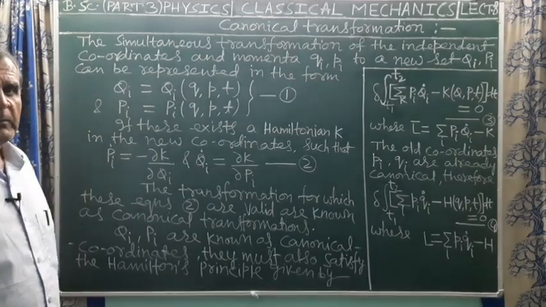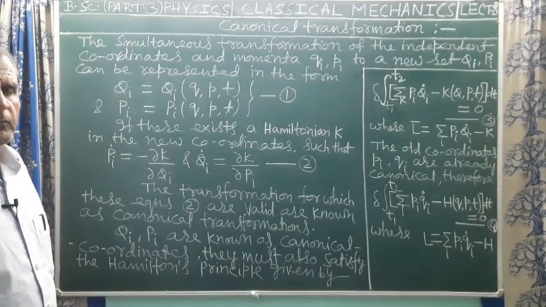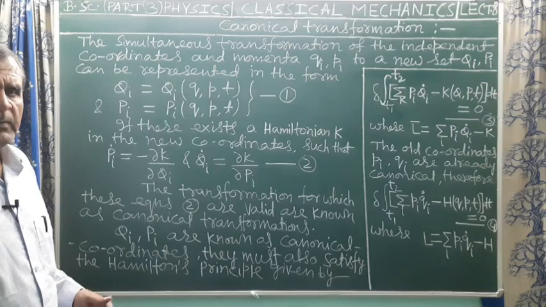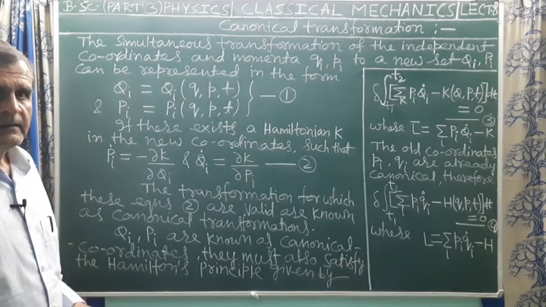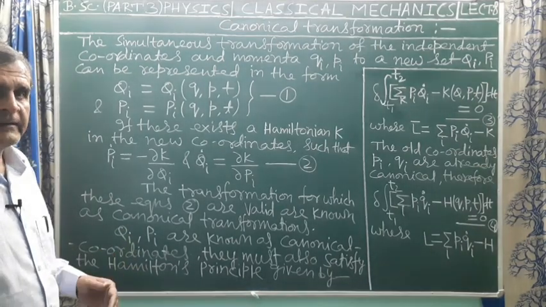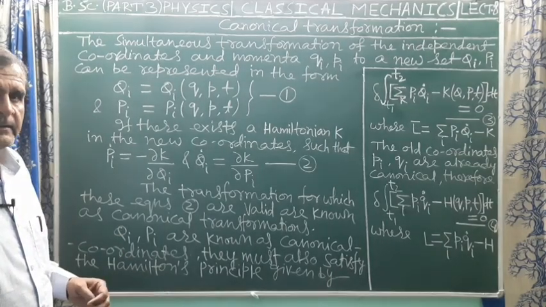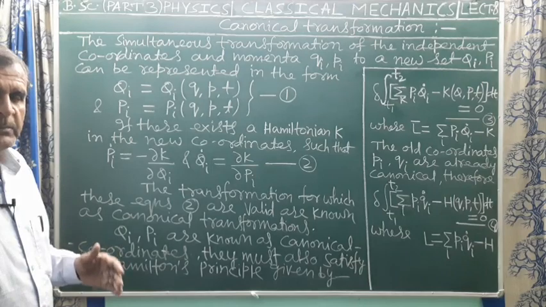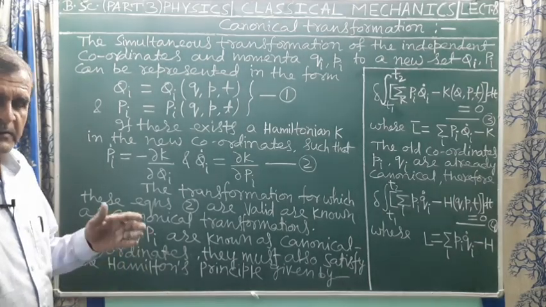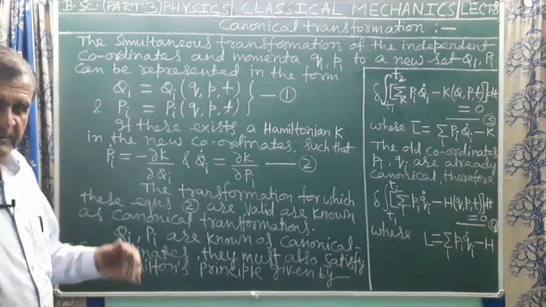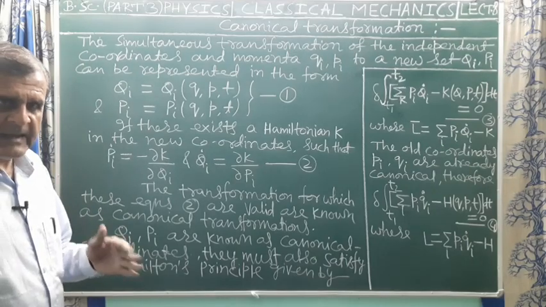In canonical transformation, we can transform 4n plus 1 variables. The 4n variables are small qi, small pi, capital Qi, and capital Pi.